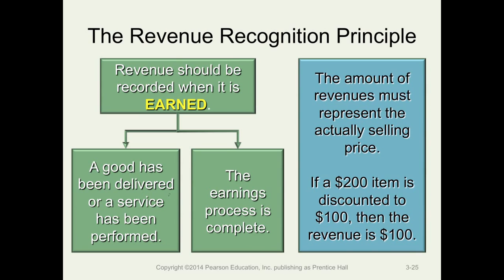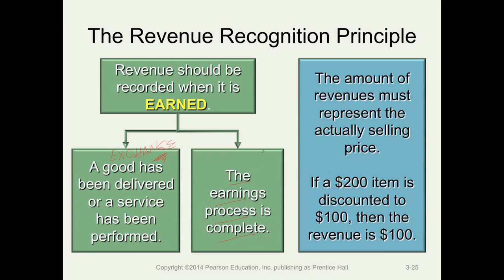A good or a service has been delivered, so we have an exchange. We exchange goods for the promise to pay, or goods with the cash being collected, and the earning cycle is complete. When the earning cycle is complete, there are no material uncertainties as to future collection and future costs to be incurred.